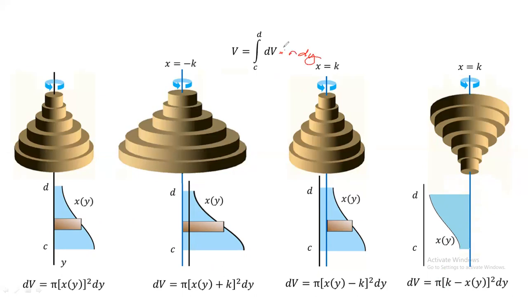So it becomes a volume once you place here a pi and you square the r. But in terms of the area only, that would be r dy, just like the way we have discussed it on plane areas. This is in the case of the vertical axis of rotation.